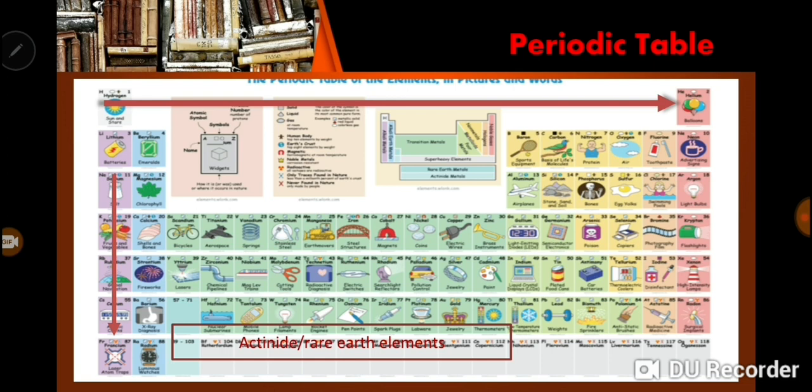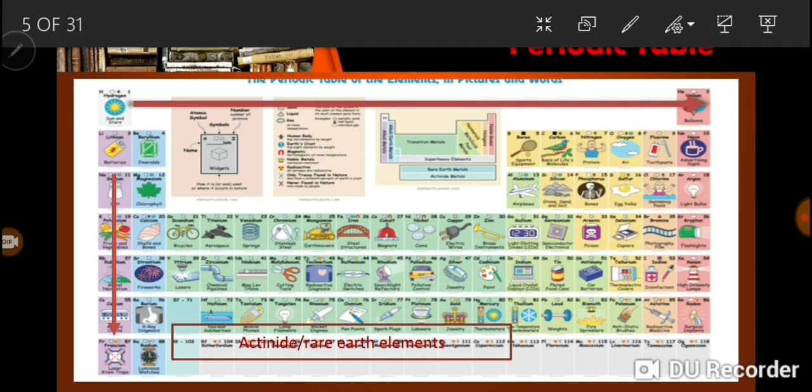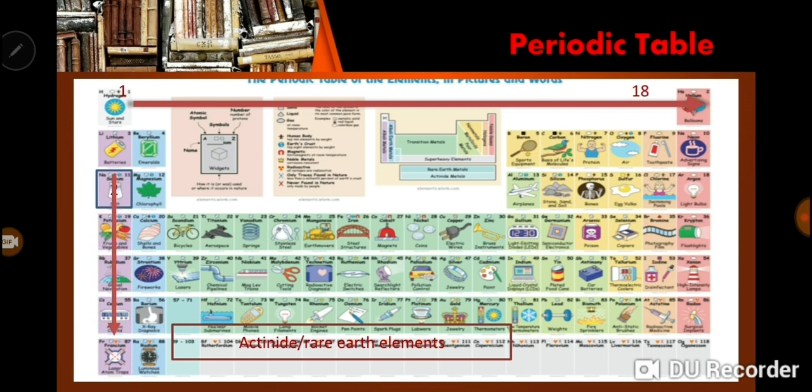When we look at the periodic table, from left to right there are 1 to 18 columns called groups, and from top to bottom there are periods 1 to 7.